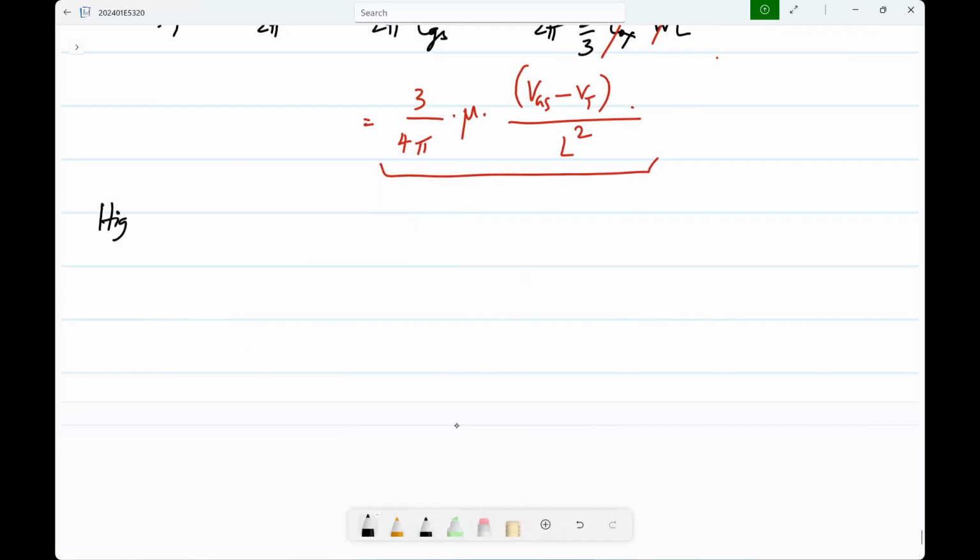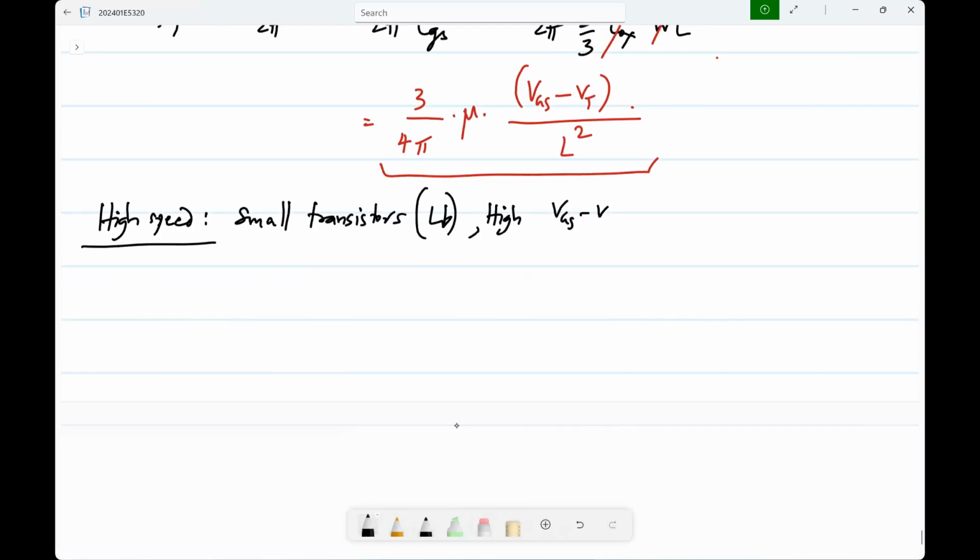So for high speed, what do you need? Small transistors, in particular, small length, high VGS minus VT. Okay. What does this contradict with? Power for sure.